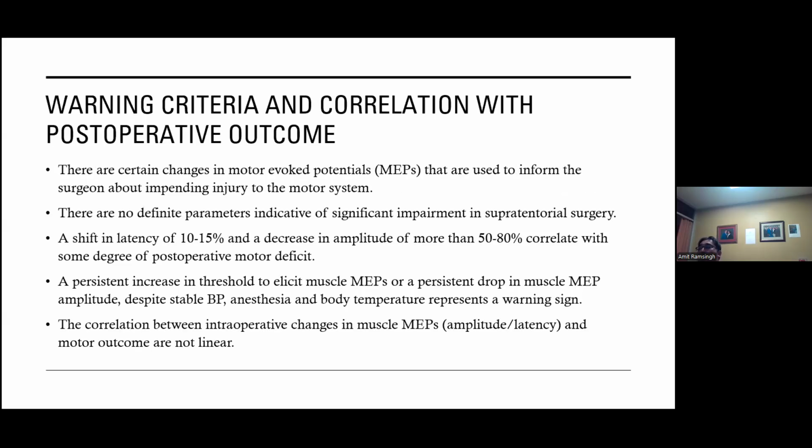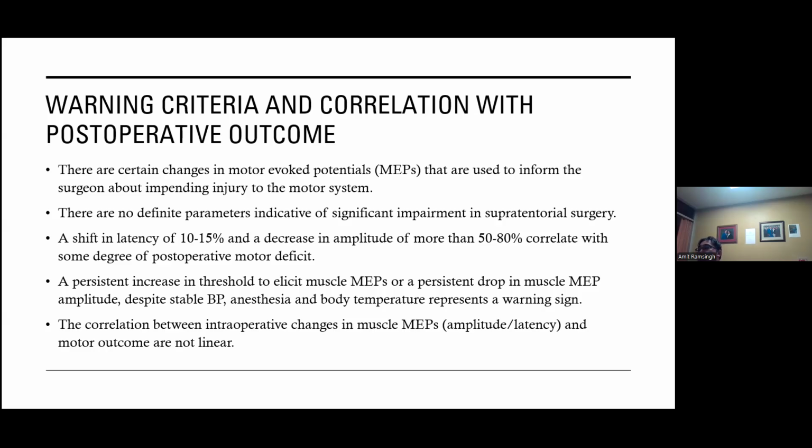In terms of our warning criteria and correlation with the postoperative outcome, there are certain changes in the motor evoked potentials that are used to inform the surgeon about impending injury to the motor system. The thing to take away here is that there are no definite parameters indicative of significant impairment in supratentorial surgery, as compared to spinal cord surgery, where we use our motor evoked potentials and SSEPs.